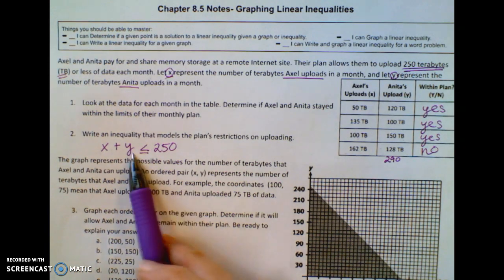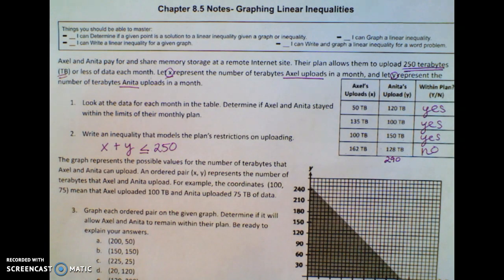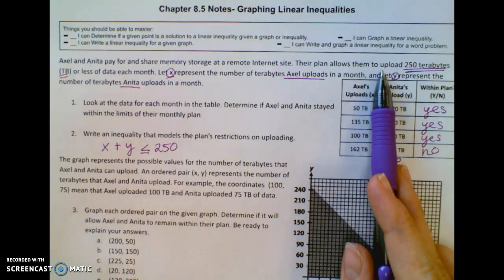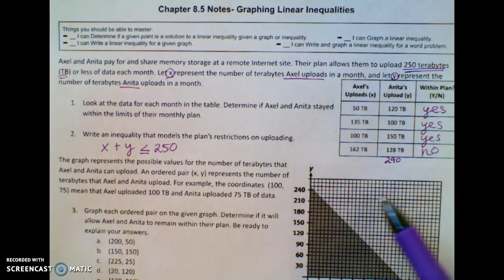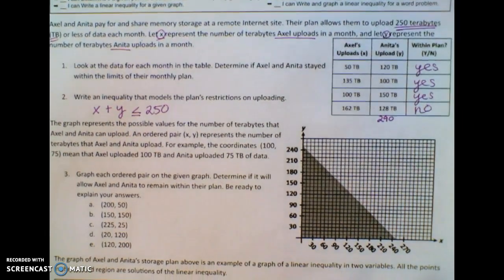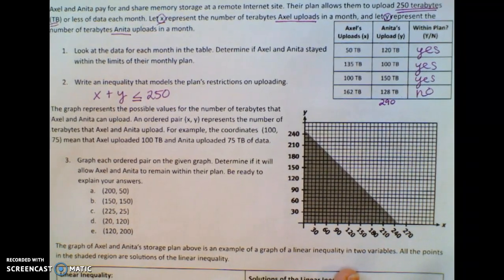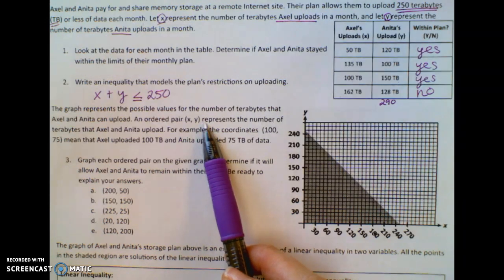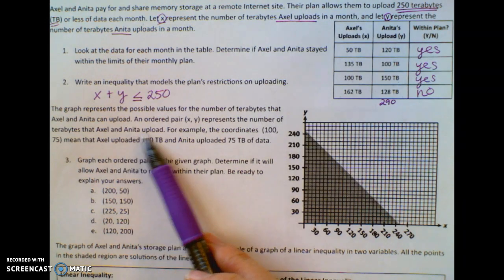Now that we have our inequality, let's look at the next part of our problem. So it says the graph represents the possible values of the number of terabytes that Axel and Anita can upload. So that is what our graph is here. Let's just move that up. Now we can see it better. So an ordered pair X comma Y represents the number of terabytes that Axel and Anita upload.